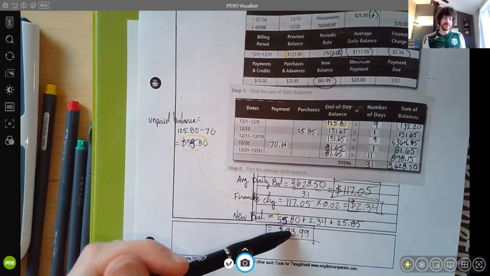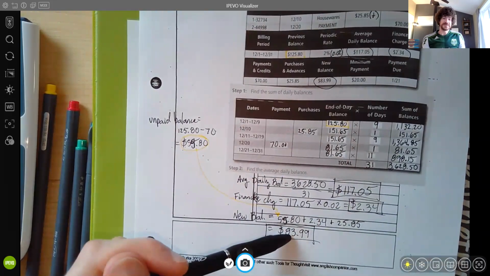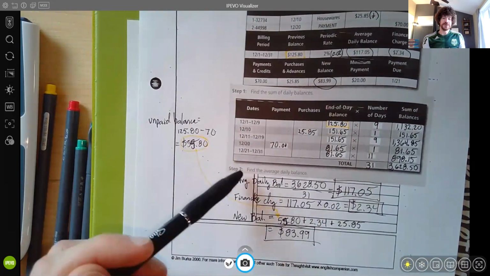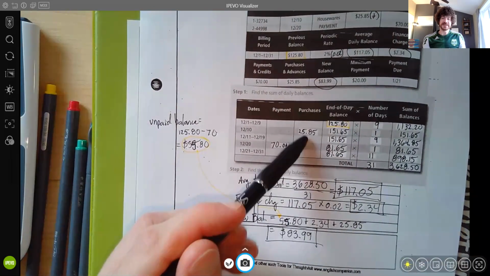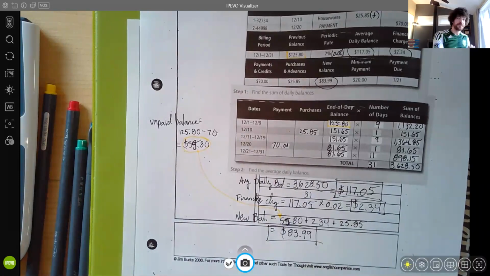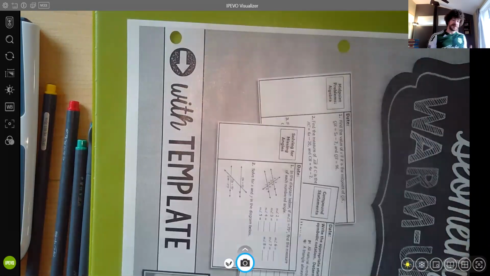So the two formulas down here, as I've said, are just a combination of what we did a few days ago. The only real brand new thing is using this table to figure out the average daily balance. So let's check out some more of this.